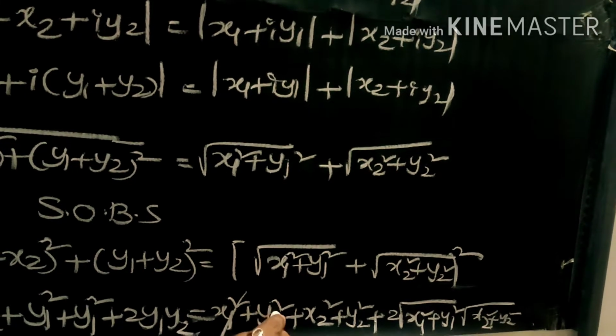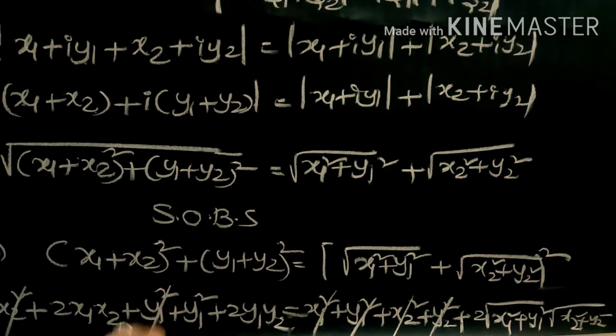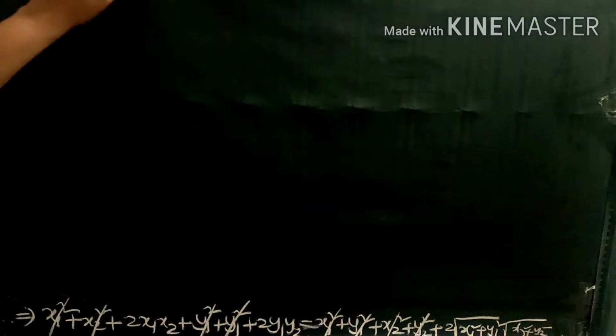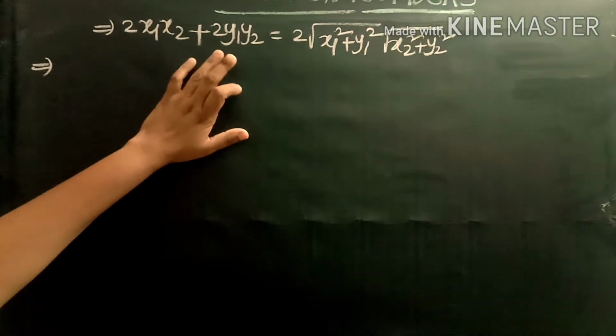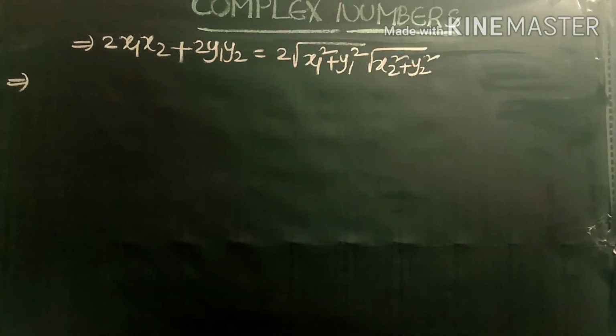Now x1 square, x2 square, y1 square, y2 square get cancelled. The remaining values are 2x1x2 plus 2y1y2 is equal to 2 into square root of x1 square plus y1 square into square root of x2 square plus y2 square.